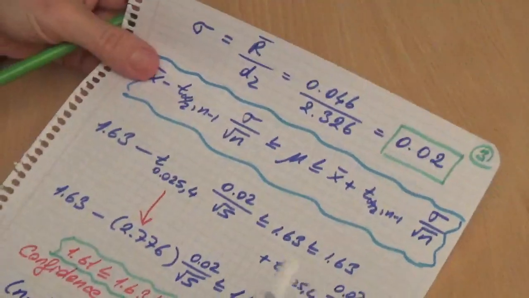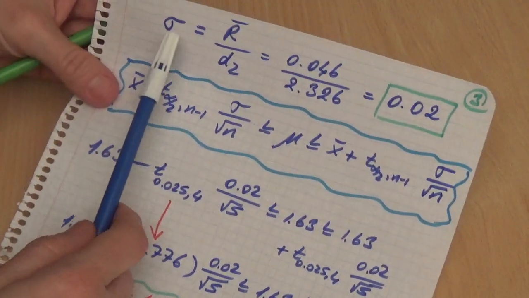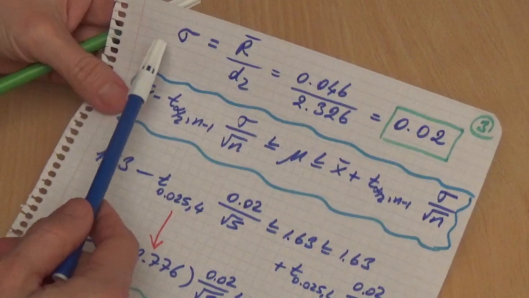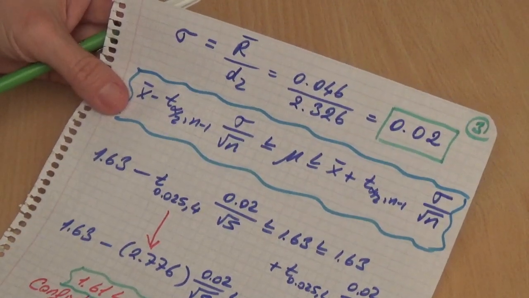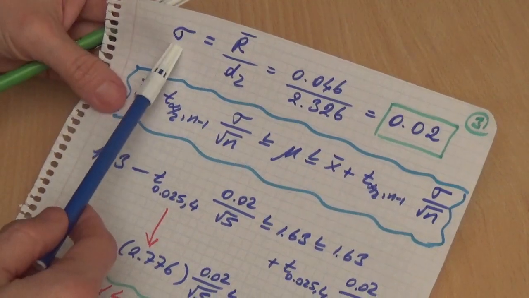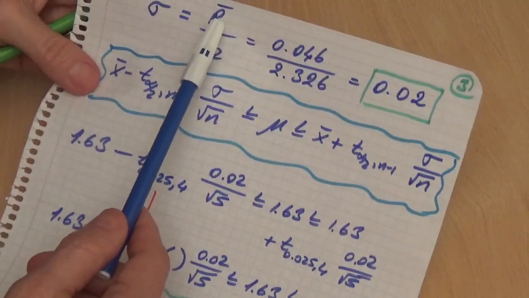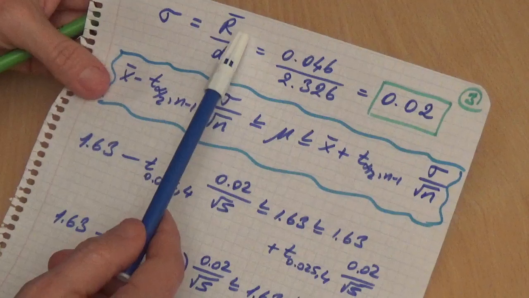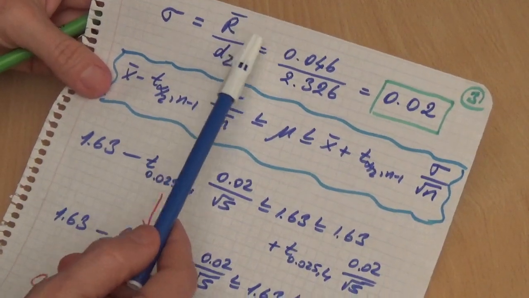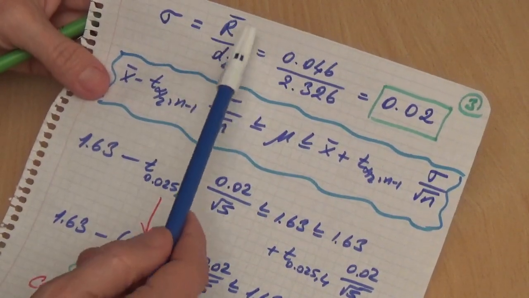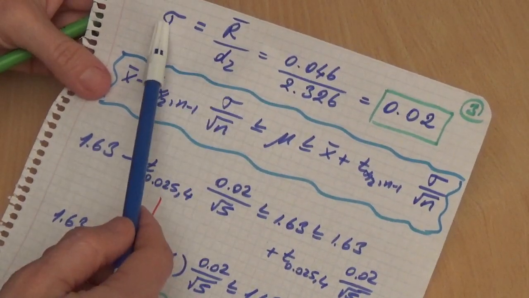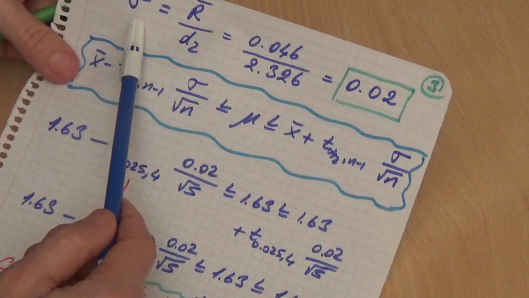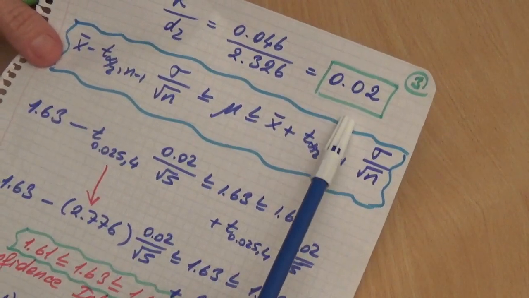So for calculating sigma, since we didn't have any sigma or standard deviation in our calculations, we didn't calculate the standard deviation, but we calculated the range average. So from that range average, we have the formula. We can divide the range average by D2 to find the standard deviation, which is 0.02.